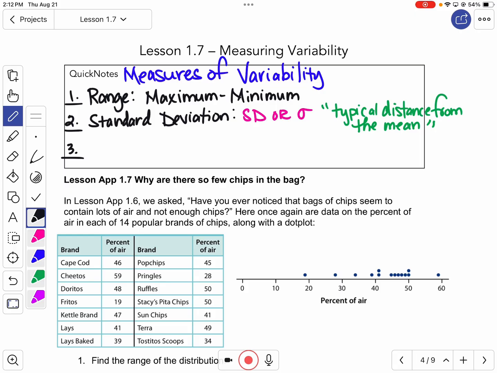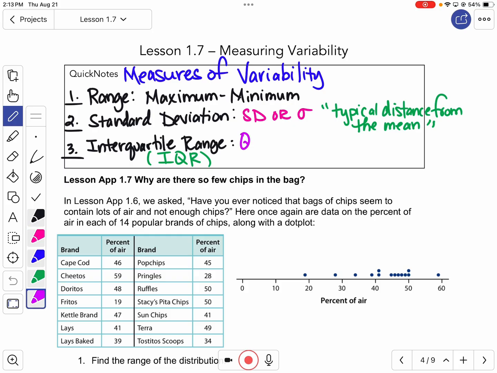And then the last variability measure that we have is the interquartile range. Okay, I will abbreviate that IQR because I don't want to write all those words. Okay, interquartile range, IQR.